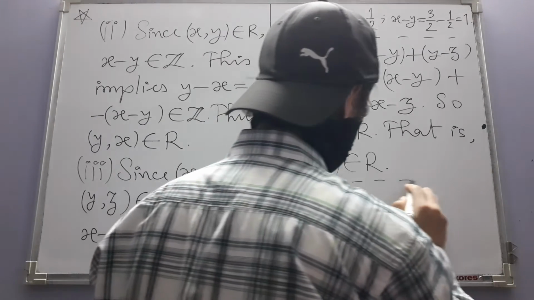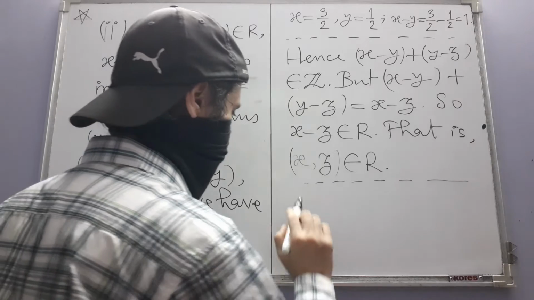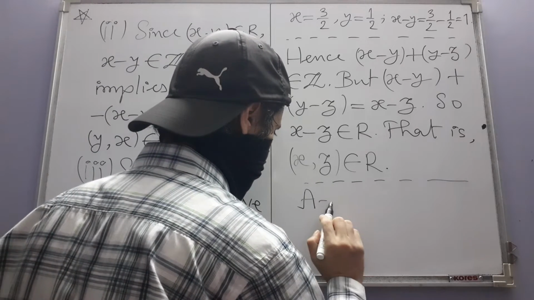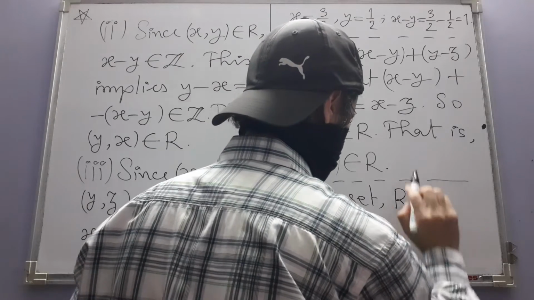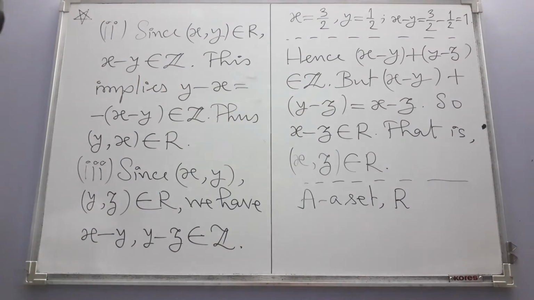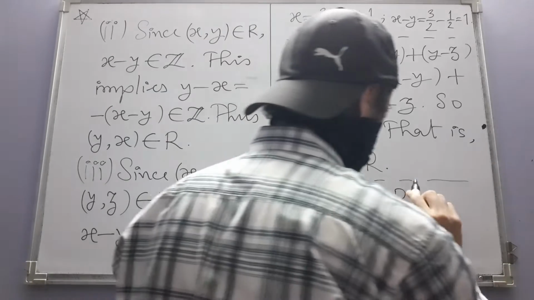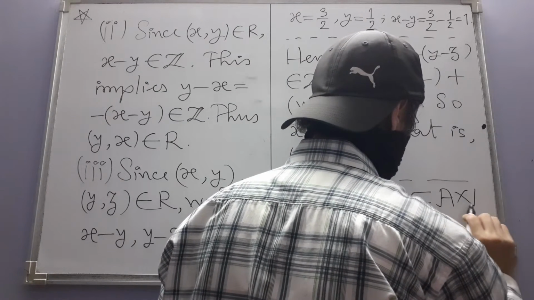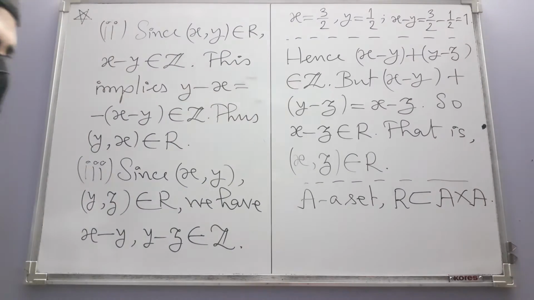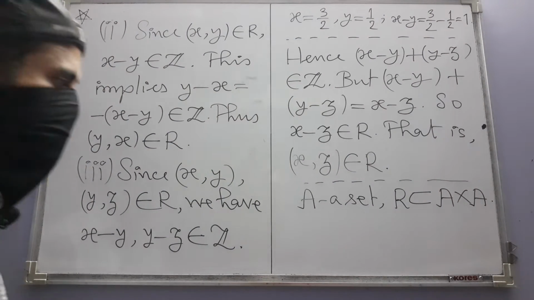But in general also, you can consider a relation. Say, A is a set and R is a relation on A. So that means R is a subset of the Cartesian product A times A.